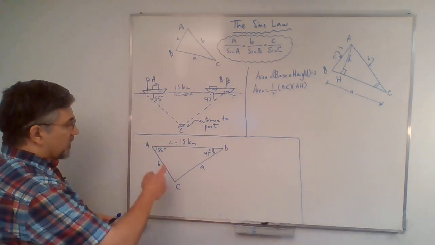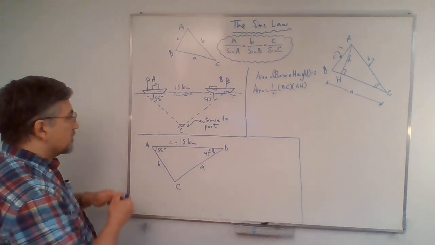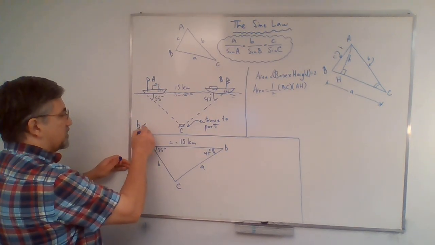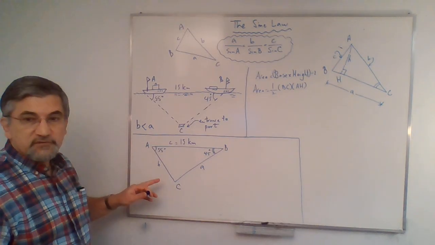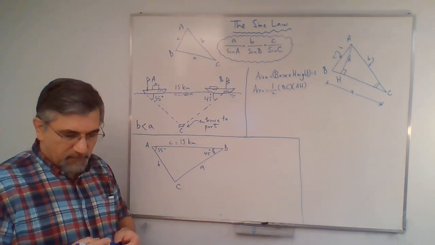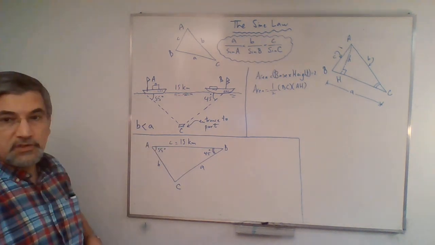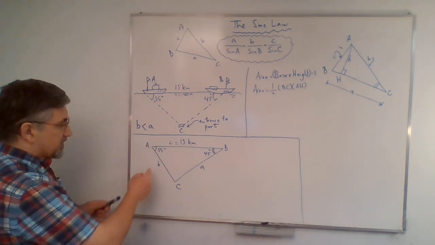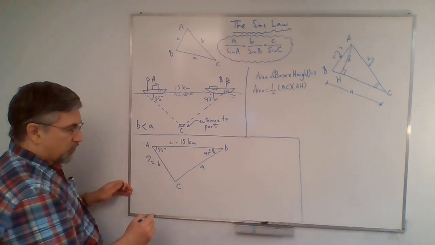And then we start working with this geometric diagram, which is easier. Basically, we said that side B is smaller than side A. We're trying to find the distance between the ship that is closer to the entrance to the port. That is B. We want to find what B equals.